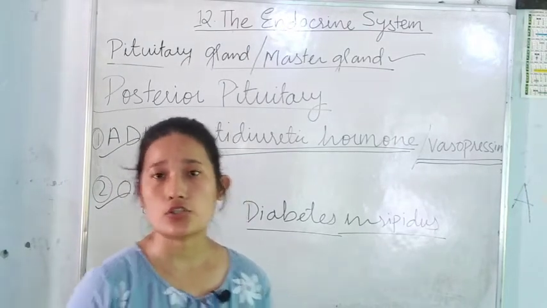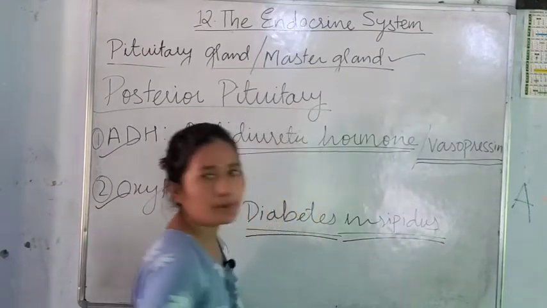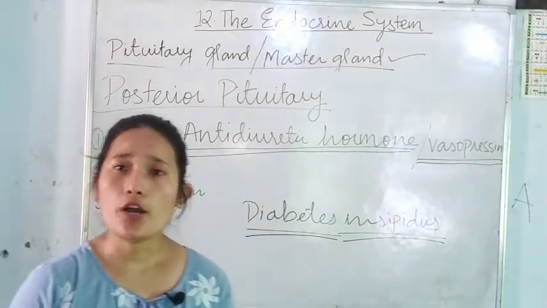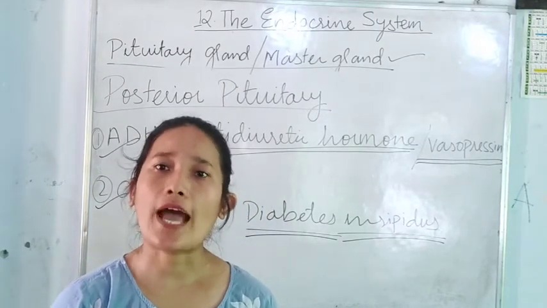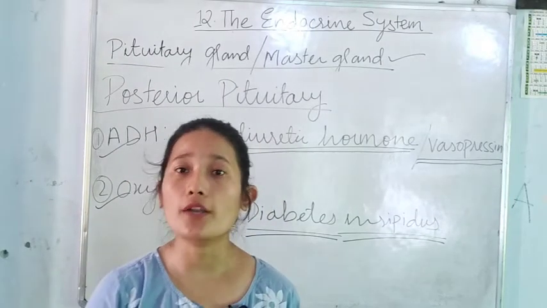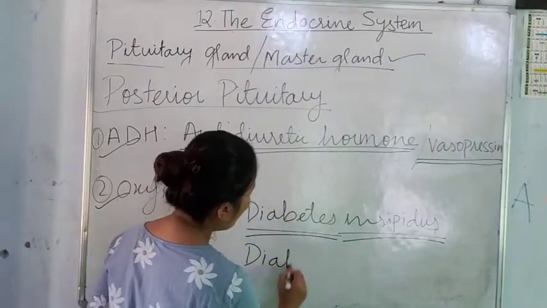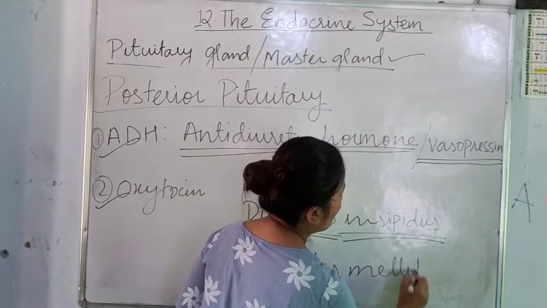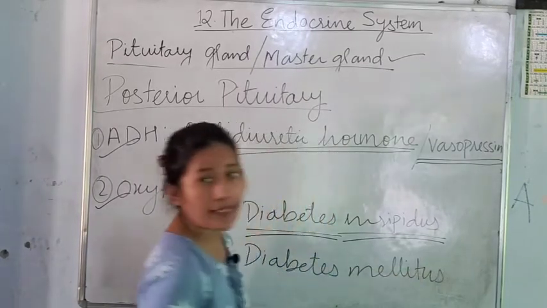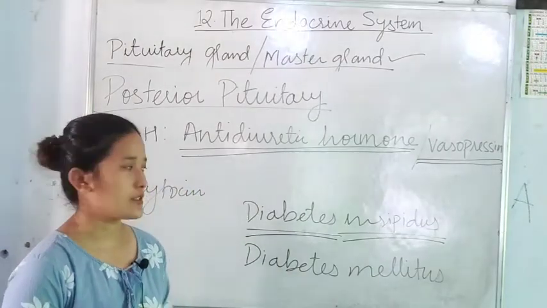Now that disease is referred to as diabetes insipidus. I hope you remember, while discussing insulin, because of the hyposecretion of insulin, one of the diseases caused was diabetes mellitus. Now you might get confused between diabetes insipidus and diabetes mellitus, okay.